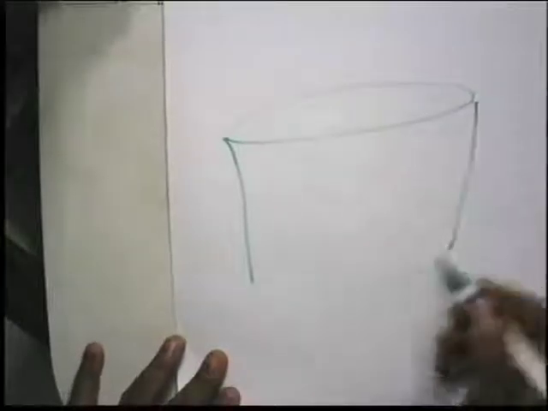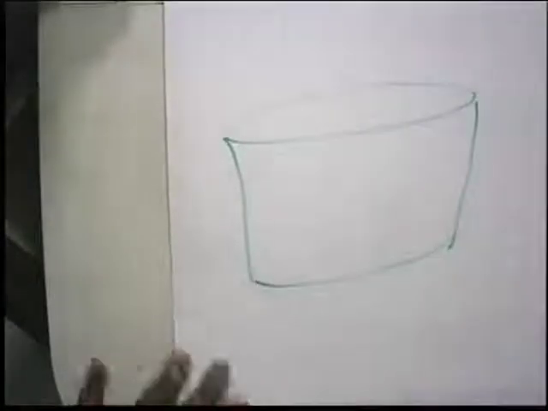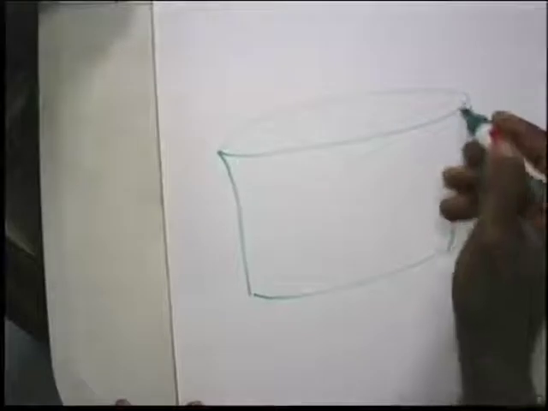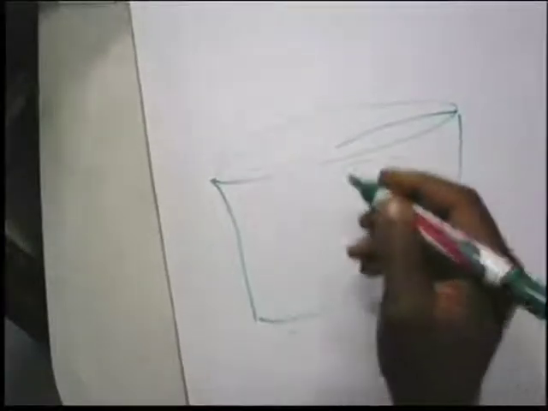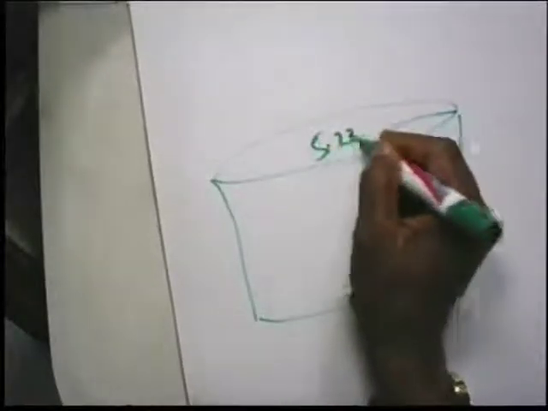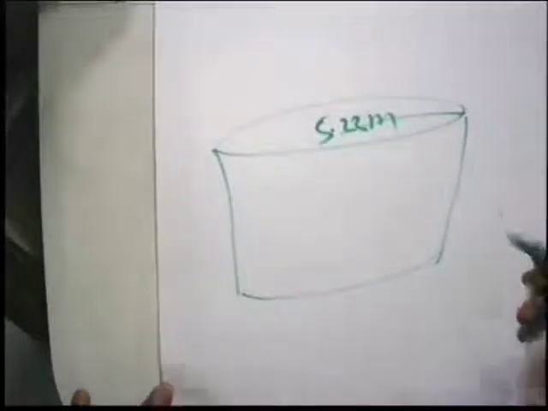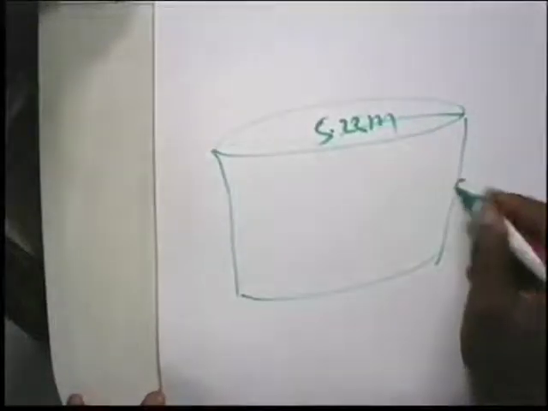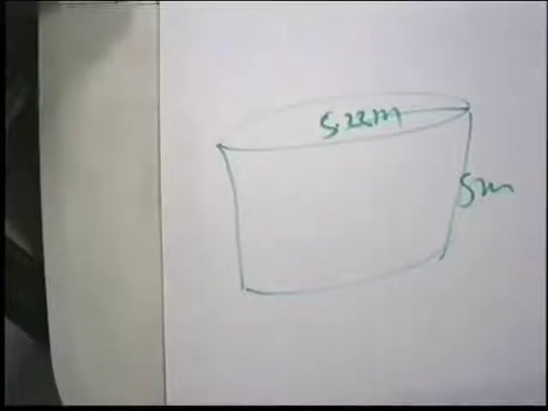It's like this, can you see? Here I make this one 5.25 meters. The height will be 8 meters. I now say calculate the volume of water in the tank in millimeters.